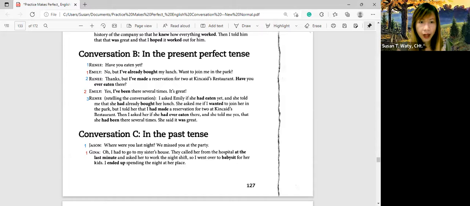Now let's have conversation B. I'm going to have Renee's dialect number 1 and 2 for Dian. Now I'll have Emily's dialect number 1 and 2 for Sita, and Renee's dialect number 3 retelling the conversation for Angelina.